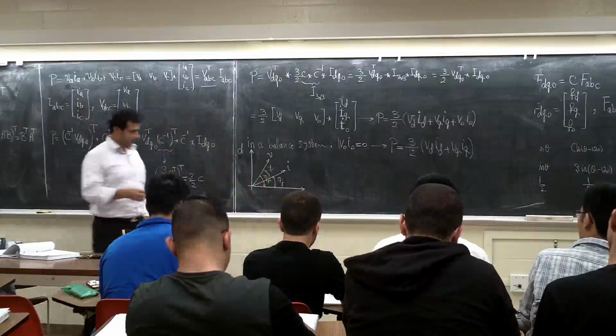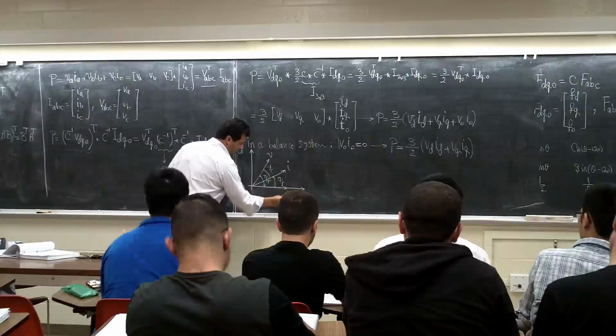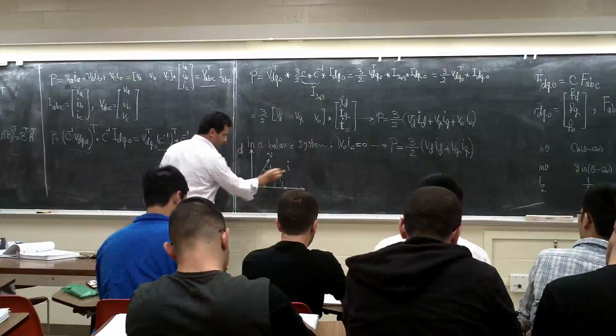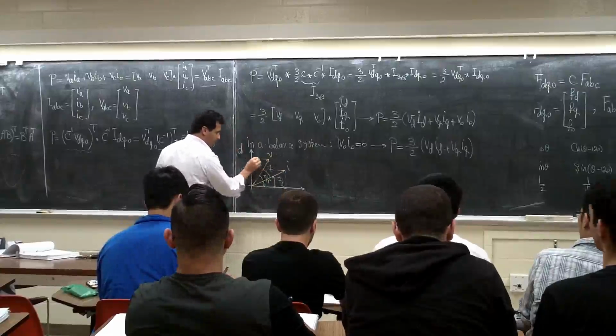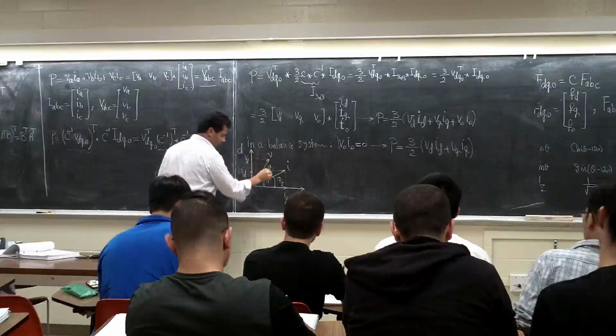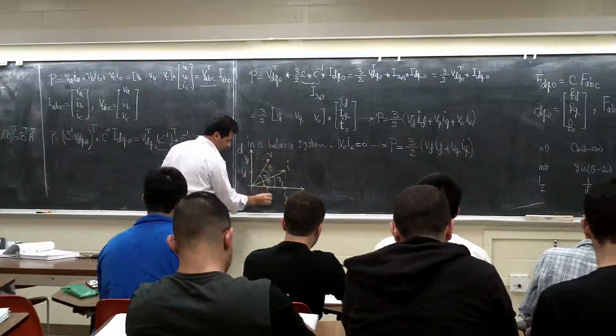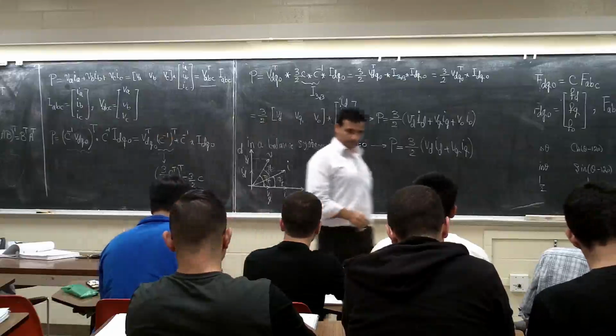So if you project this one here, this is IQ. If you project this one here, this is ID. If you project this one here, it is VD. And if you project this one here, this is VQ, right?